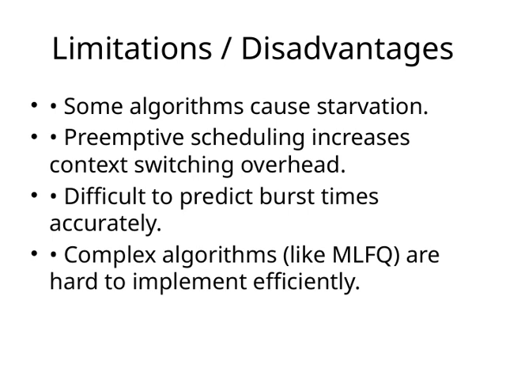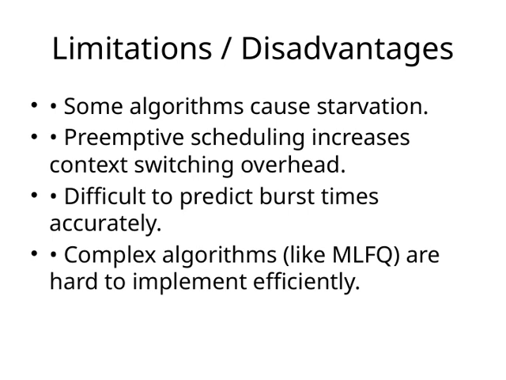Another challenge is accurately predicting burst times, the amount of CPU time a process needs. Since these times are often unpredictable, making precise scheduling decisions becomes quite difficult, potentially leading to suboptimal performance. Finally, more complex algorithms like multi-level feedback queues, or MLFQ, are powerful but hard to implement efficiently.